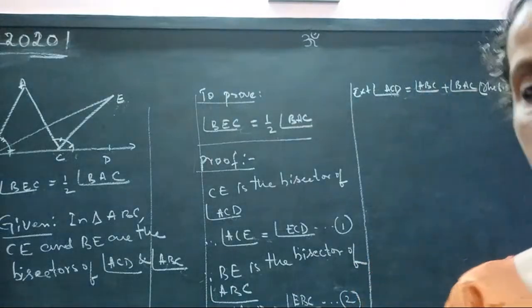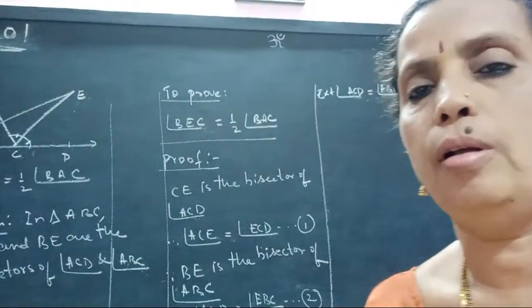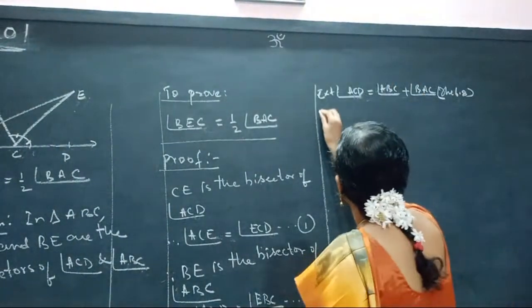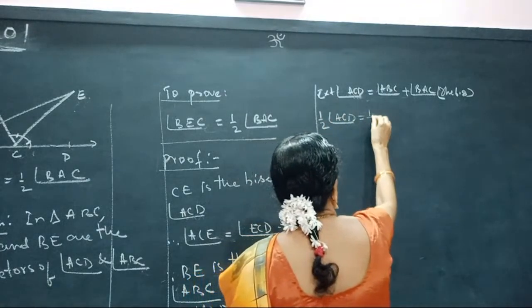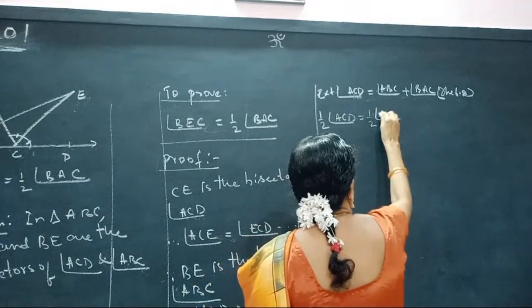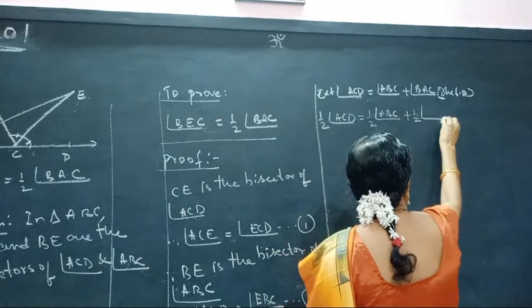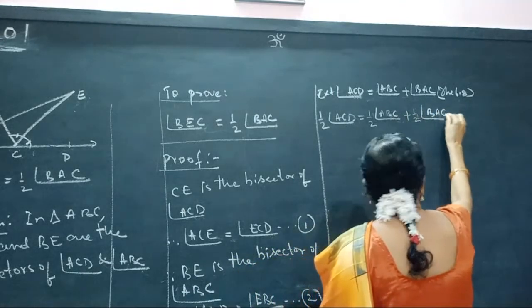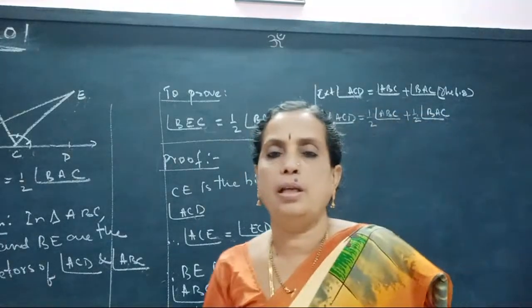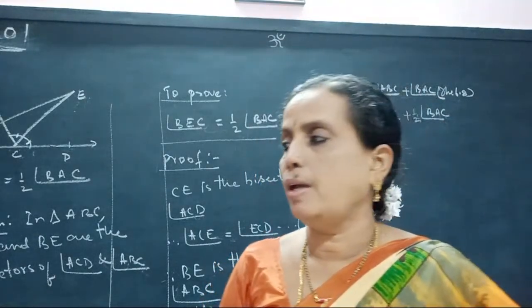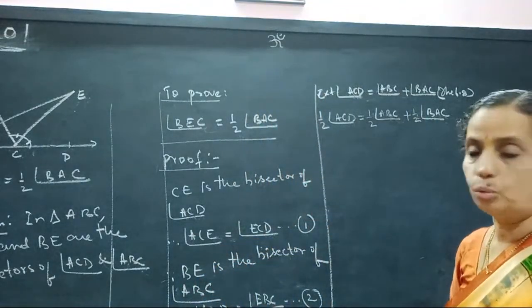Next, half of angle ACD equals half of angle ABC plus half of angle BAC. Because in the result to prove we have half of angle BAC. To get the result we are multiplying LHS and RHS by 2.